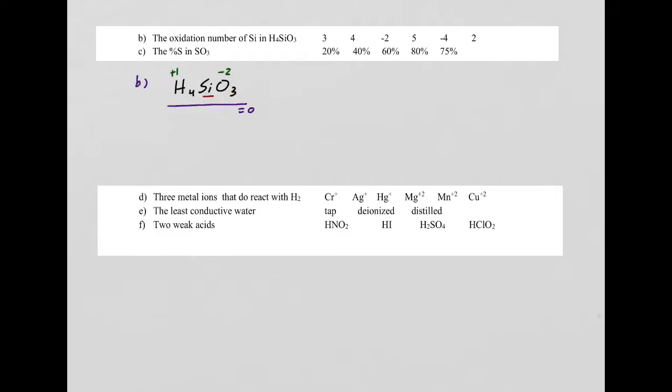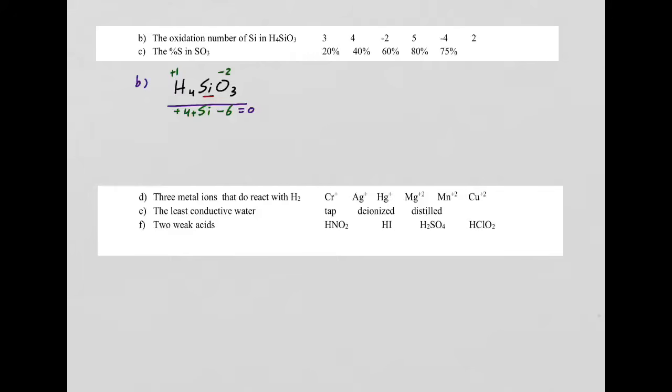So I have 3 oxygen times -2. That would be -6. I don't know what Si is, but I do know hydrogen is always +1 times 2, would be +2. So now I can just do math and figure out what is going to be the Si. So +2 plus Si -6 equals 0.